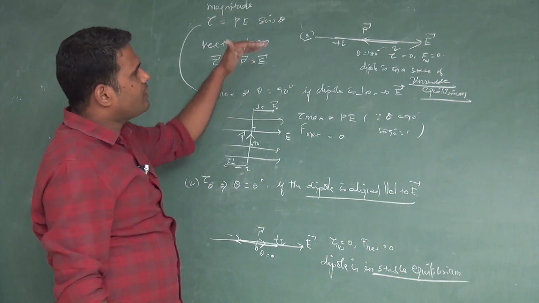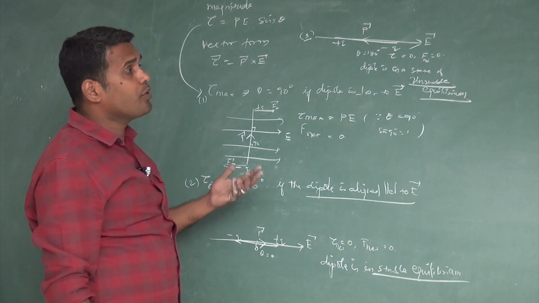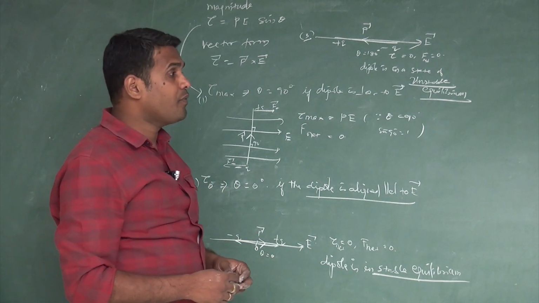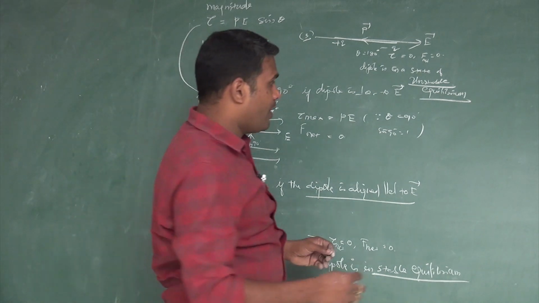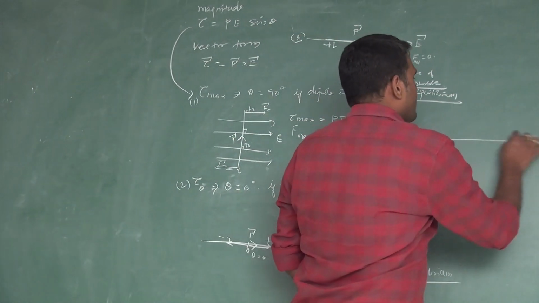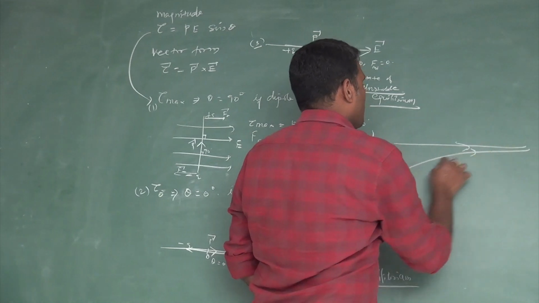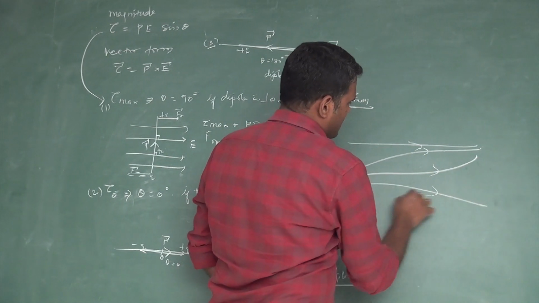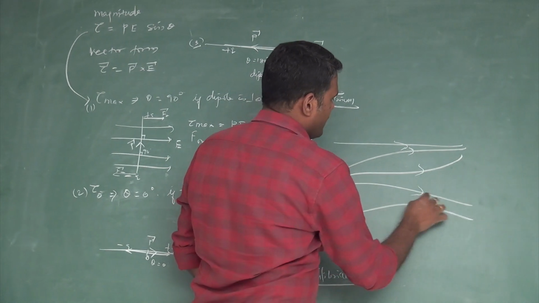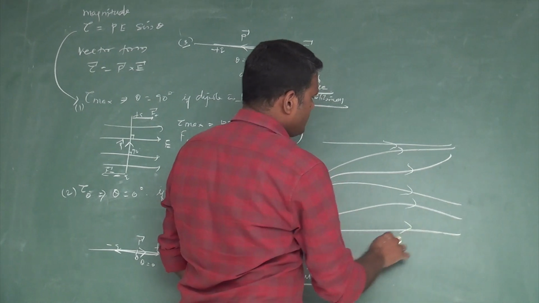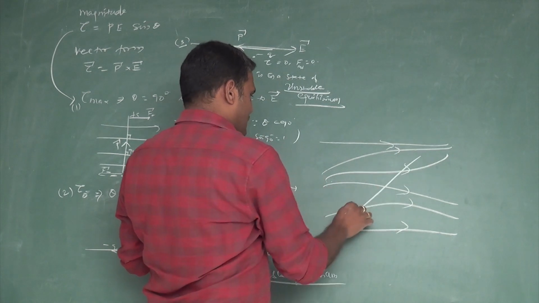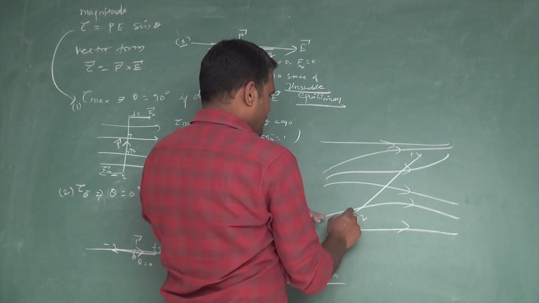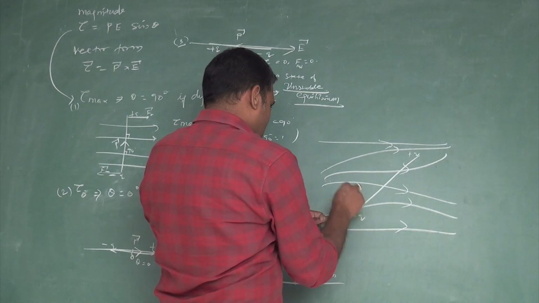Suppose the dipole is placed in a non-uniform electric field, what will happen? If the field is non-uniform, non-uniform fields are represented by this diagram, with field lines moving like this. The magnitudes of field at different points will be different. If you place a dipole, minus q and plus q, at this point the electric field is E1.